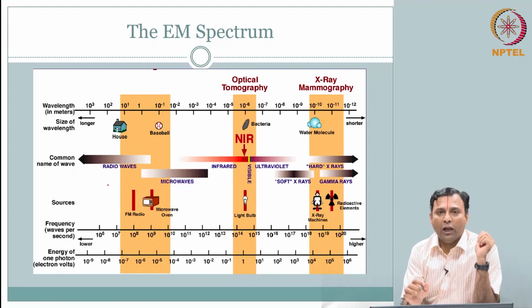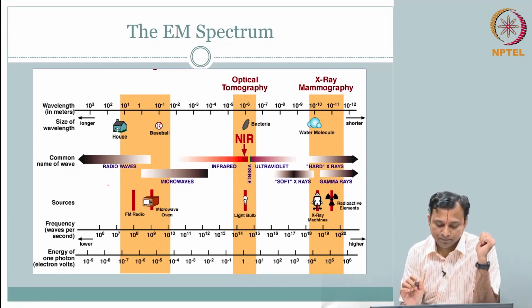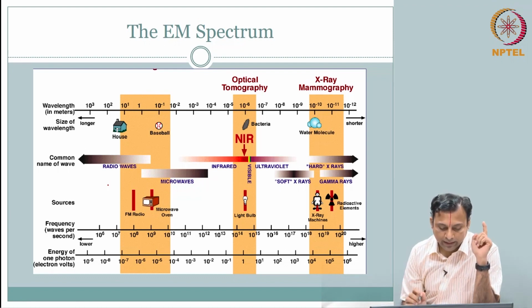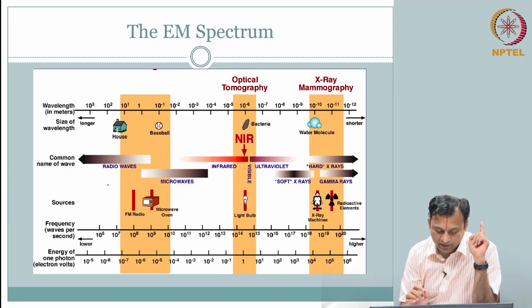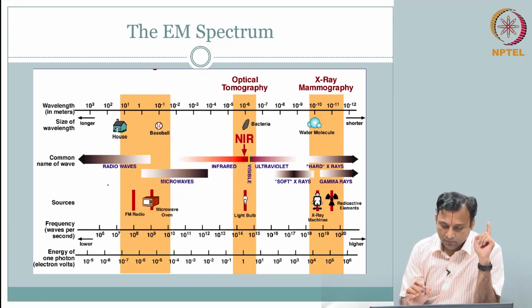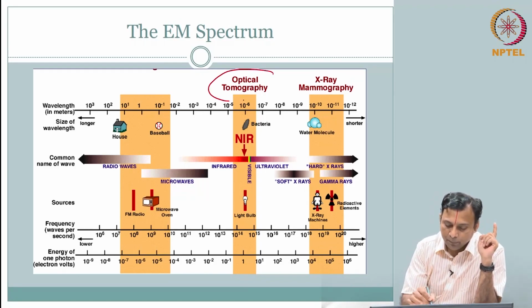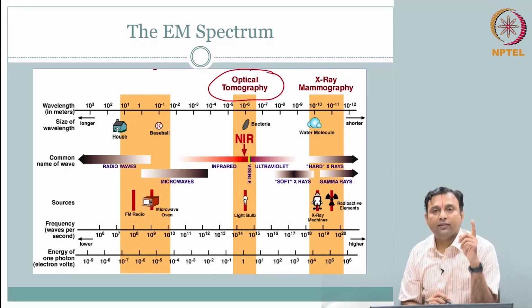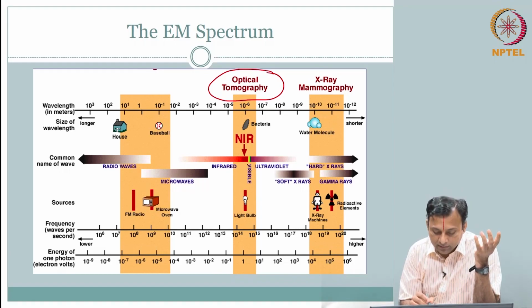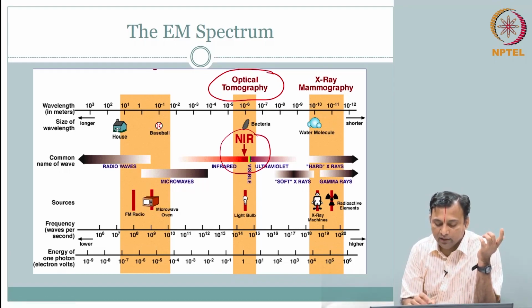One is the electromagnetic spectrum that you see. I am sure you can quickly recognize it, of course it is labeled here. For example, you see optical tomography, so that tells you that it uses optics and it is in the near infrared range.